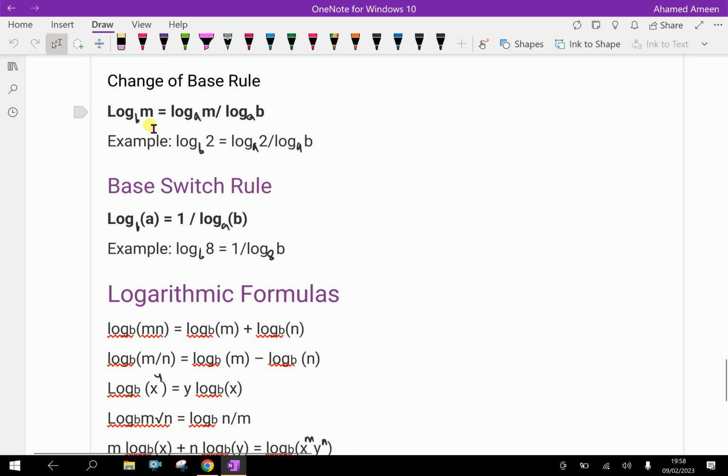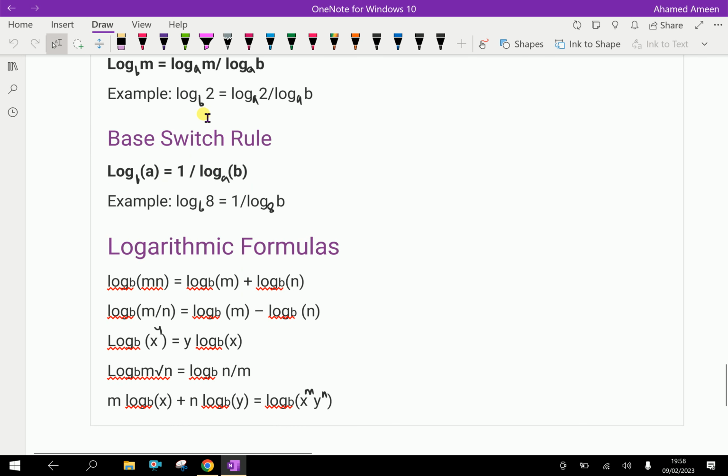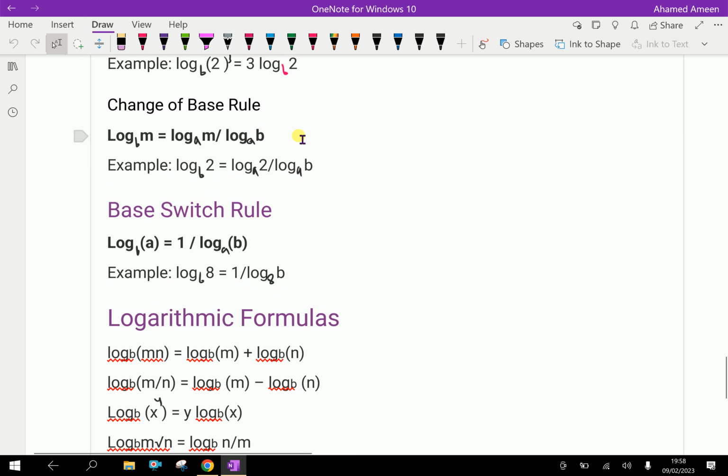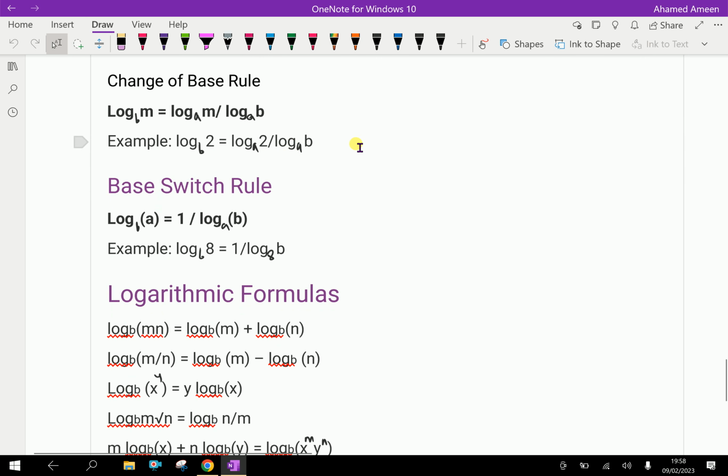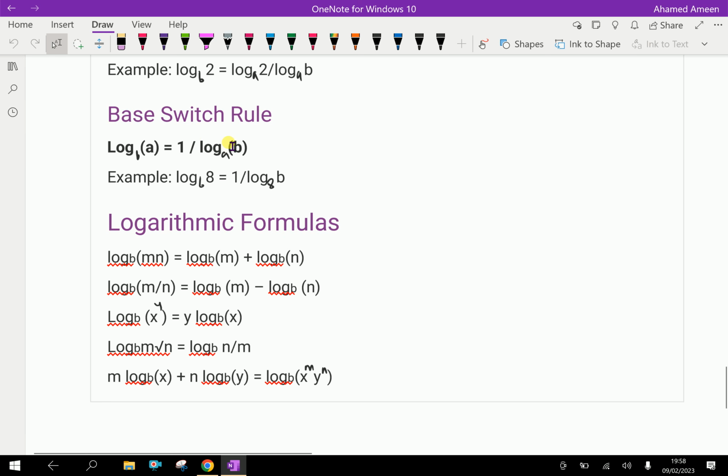So log m base b can be written as log m base a divided by log b base a. For example, log 2 base b can be written as log 2 base a divided by log of b base a. That is the change of base rule. It's useful in some calculations.